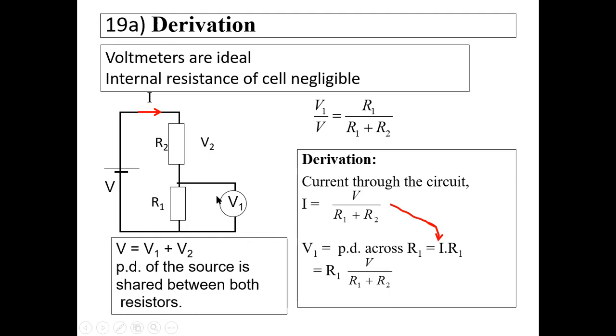This is your V1, across here, so you take the current times R1. This current is passing through R2 and R1. V equals IR, so it's just I times R1. That's what we are doing here, then replacing this I with this value and get the answer. That's all. If you want the derivation, but no need to derive, memorize it, unless they ask you to derive.